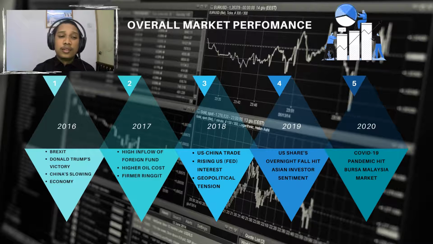The year 2020 was a tough year, with the COVID-19 pandemic hitting the global equity market and affecting the KLCI, with a record of 1,384.58 points.